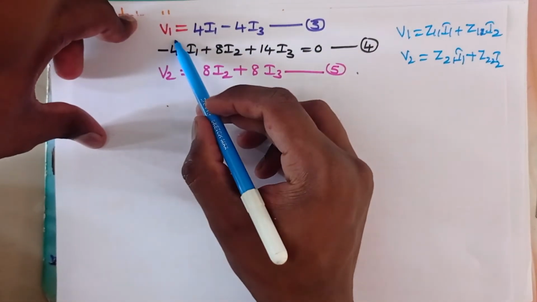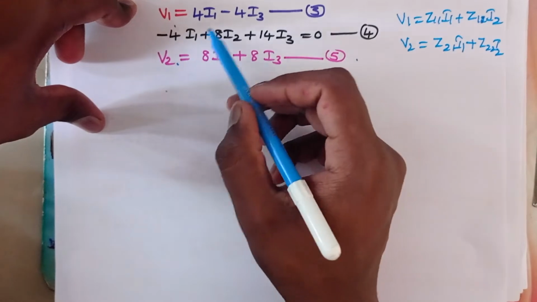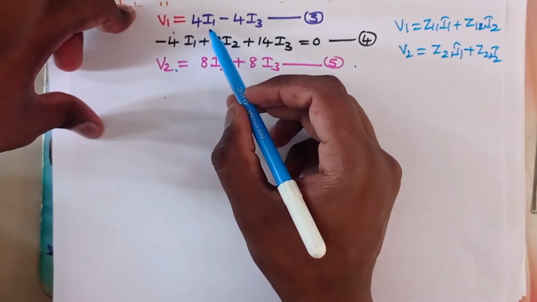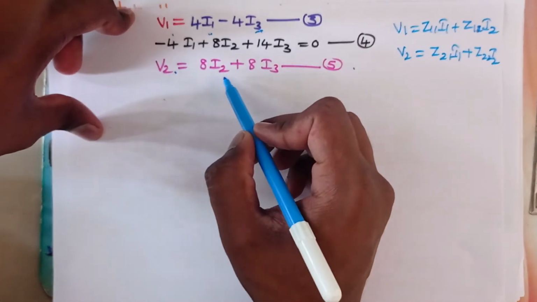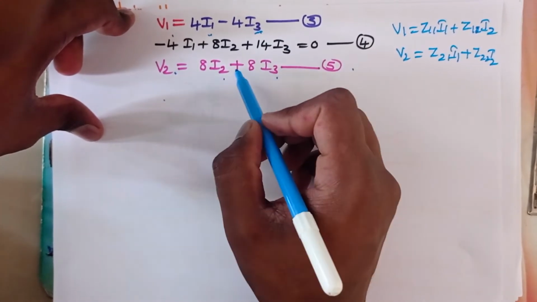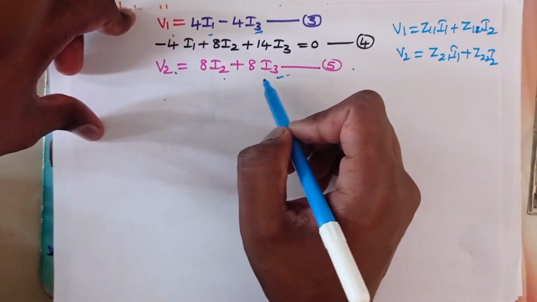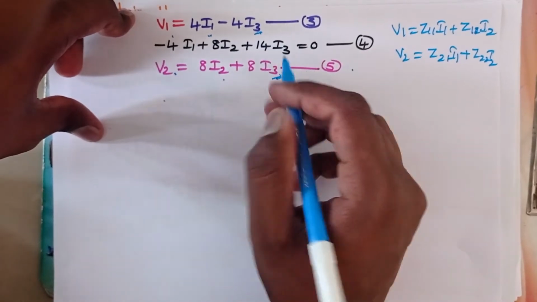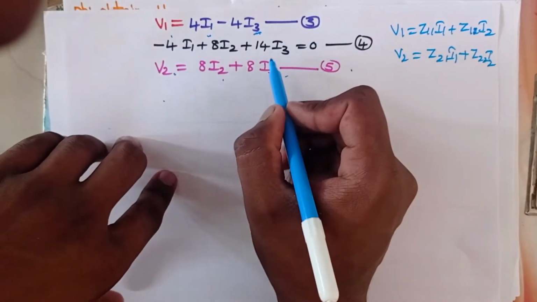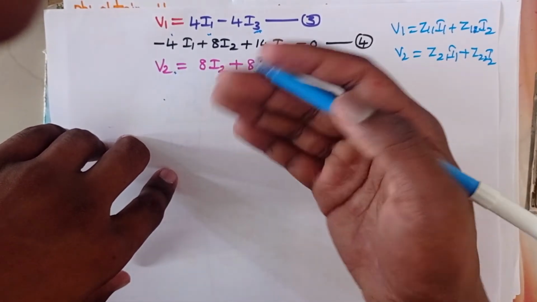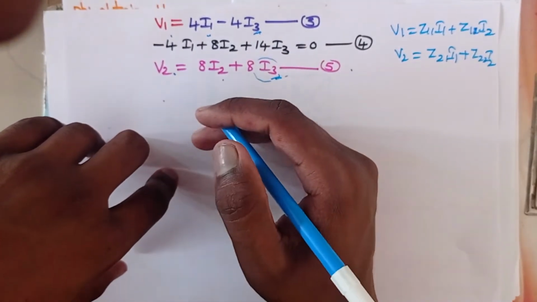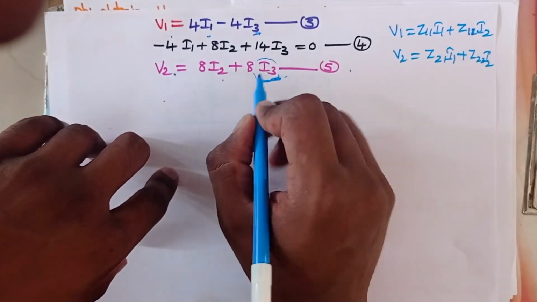Here we have the V1 equation and V2 equation, but I1 is there and no I2, and I3 is there instead. Also in the V2 equation I2 and I3 are there. That's why first we need to replace this I3 with I1 and I2. First simply remove this I3.